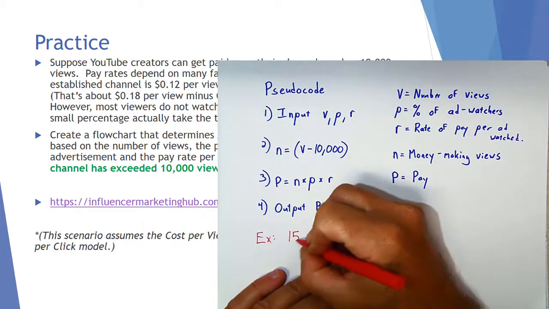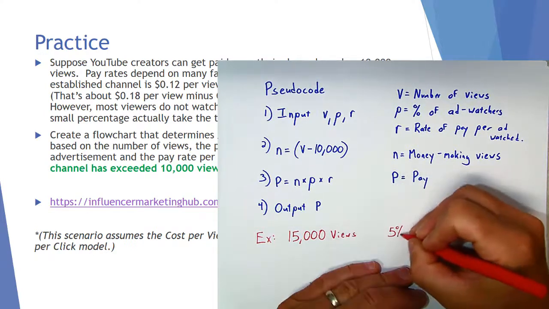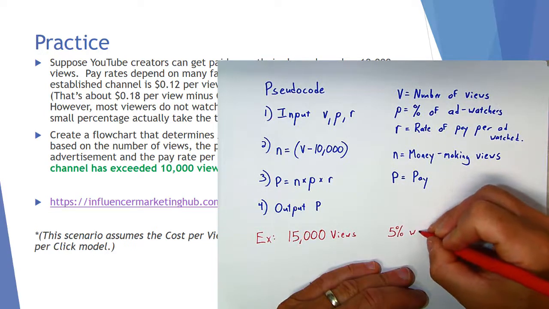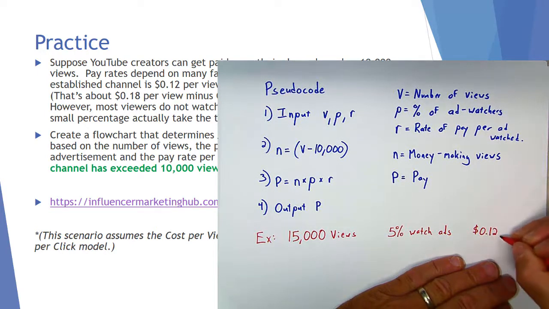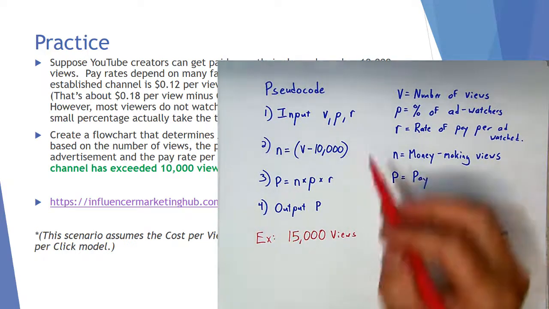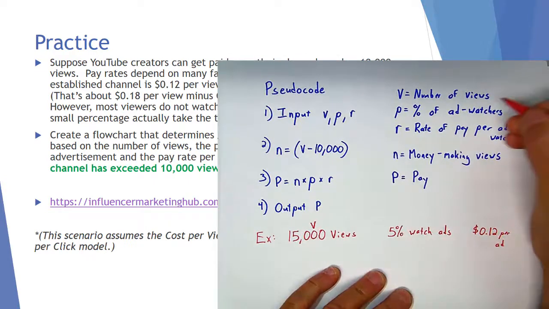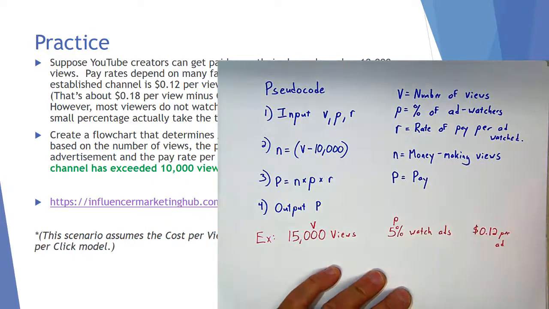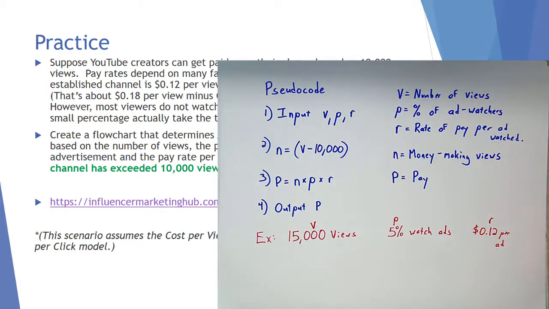Now let's just test out this theory. Let's suppose we have 15,000 views, and let's assume that 5% of people watch ads, and that our rate of pay, as we said initially, is 12 cents per ad watched. So in our case, the 15,000, that's going to be our value of V, 5% is our value of P, and R is 12 cents.